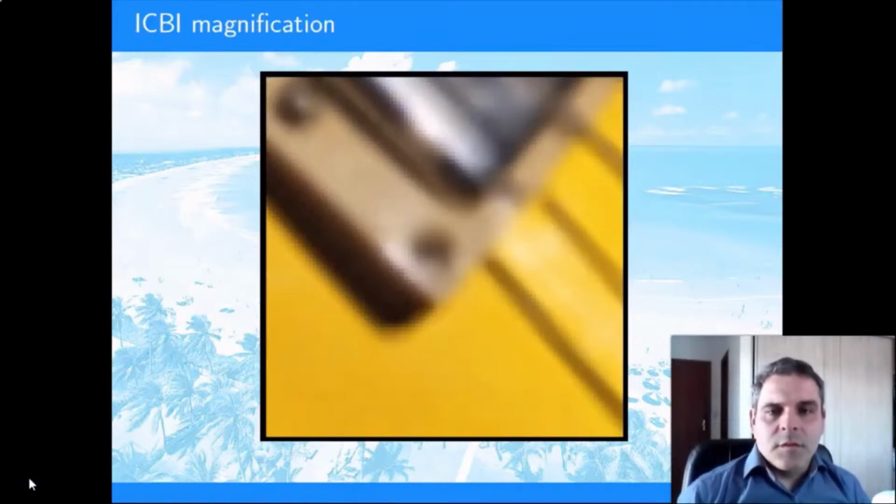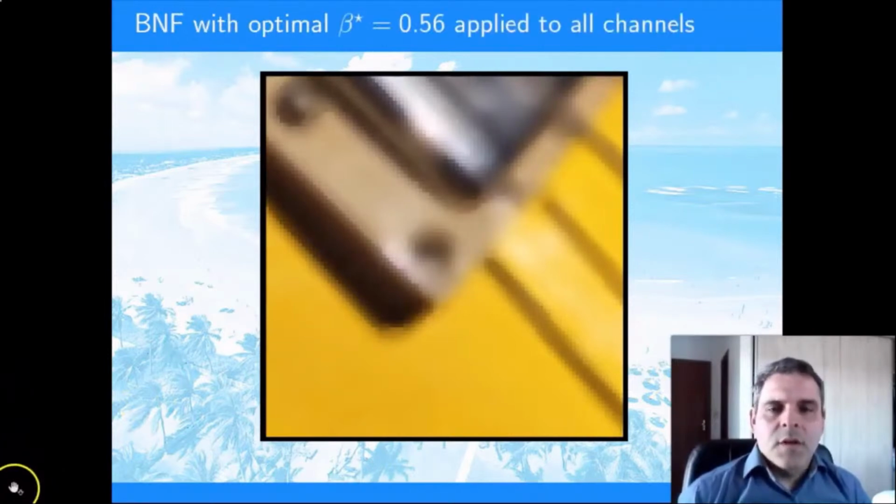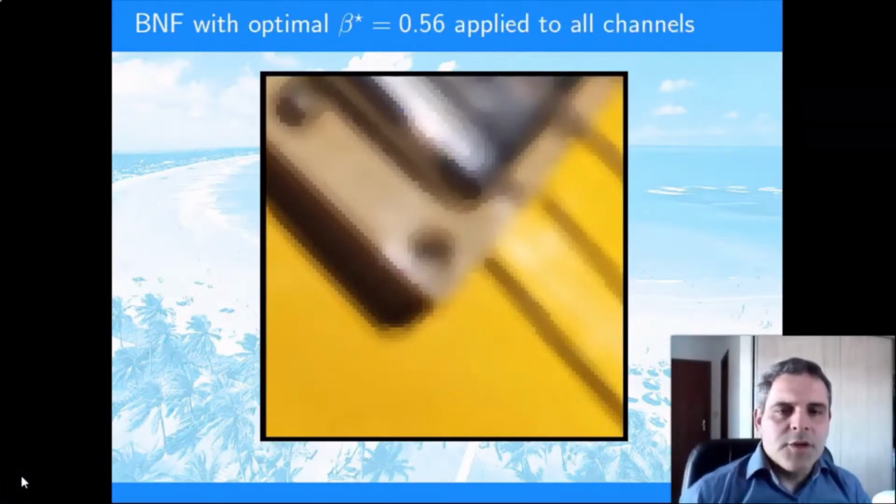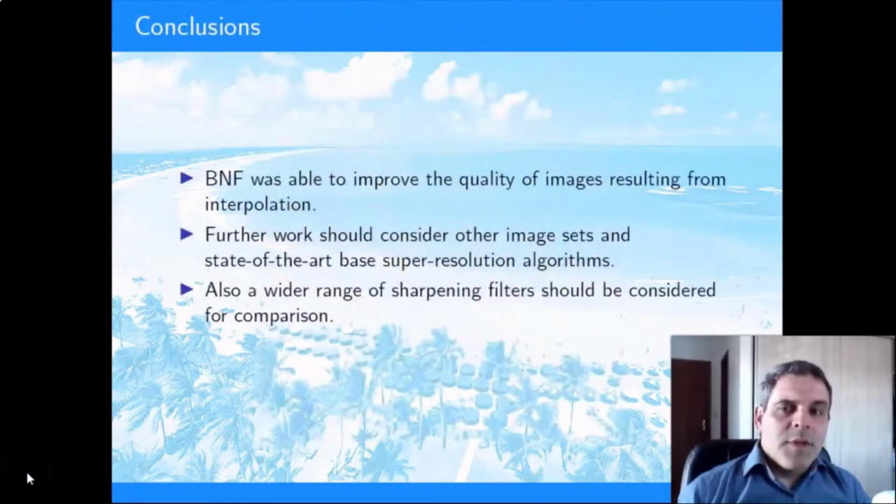You can see it's not a bad result at all, but there is some blur at some parts of the image. Now the result from BNF. You can see that blur is very much reduced. It is a very sharp image, as you can see. BNF was able to improve the quality of images resulting from interpolation.